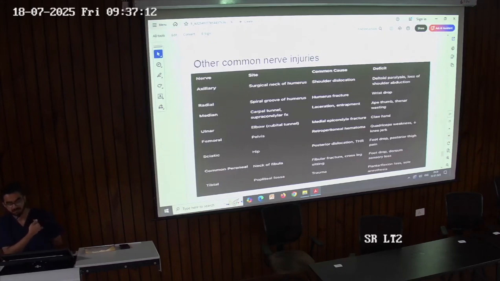We have the regimental badge area around the shoulder and there will be loss of shoulder abduction. Then the radial nerve will have wrist drop, median nerve will have ape thumb deformity, and ulnar nerve will have claw hand, right?